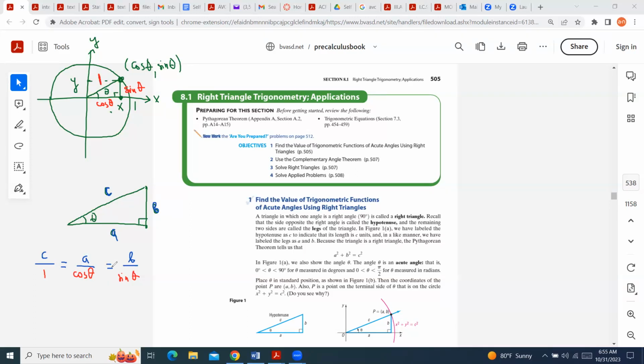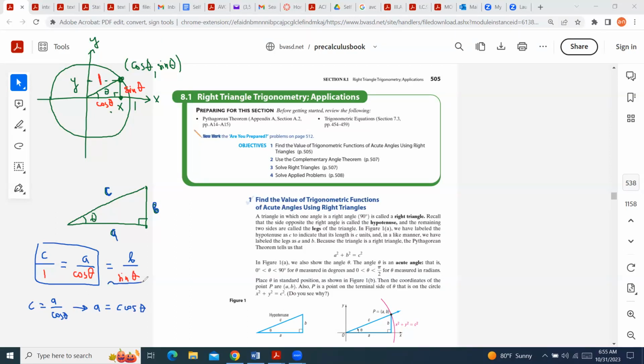And from here, I can use, let's say, the first little identity to say that my value of A is equal to C times cosine of theta.